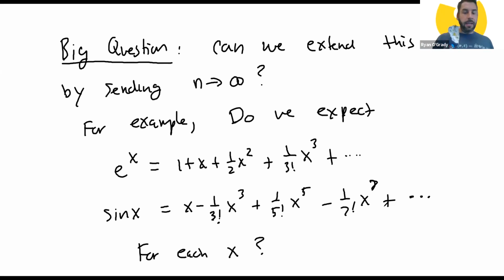But if this is the case, then this is really, really useful, because it's telling us that we can essentially replace things with polynomials. And as you understand, adding, subtracting, multiplying, dividing polynomials, differentiating them, integrating them is usually a lot easier than dealing with complicated expressions.